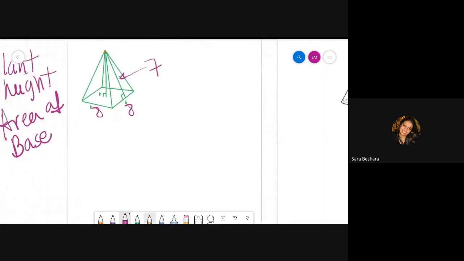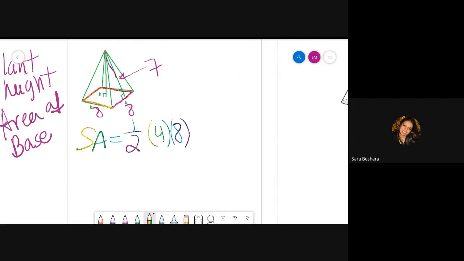All right, so just apply the formula. Surface area would be 1/2 the perimeter. It's a square, and we know in a square all 4 sides are the same. If each side is 8, the perimeter is 4 times 8, times the slanted height.